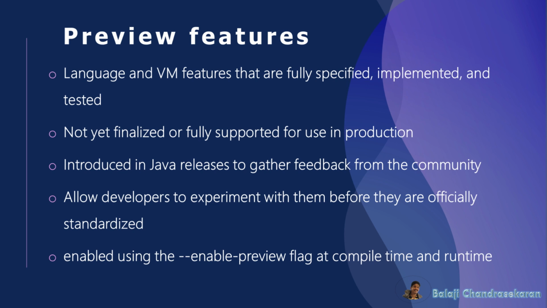These features are introduced in Java releases to gather the feedback from the community and to allow the developers to experiment with them before they are officially standardized. The preview features are enabled using the enable preview flag at compile time and runtime. They are typically proposed as part of a Java specification request, that is JSR, and undergo a preview period during which the developers can provide their feedback.